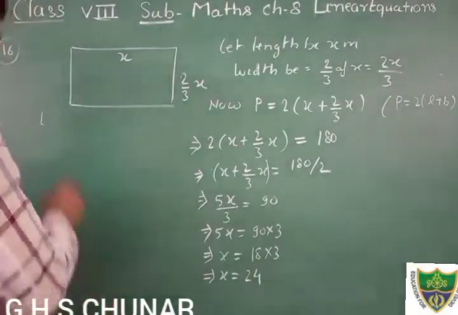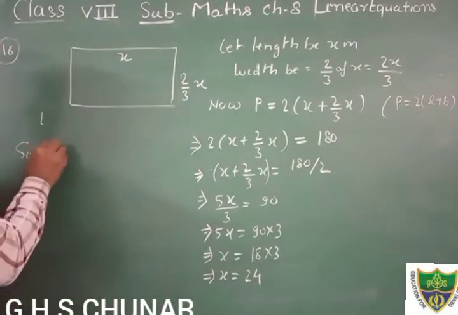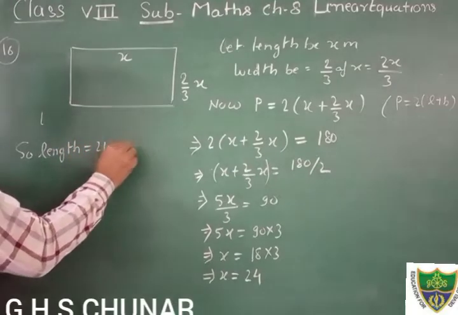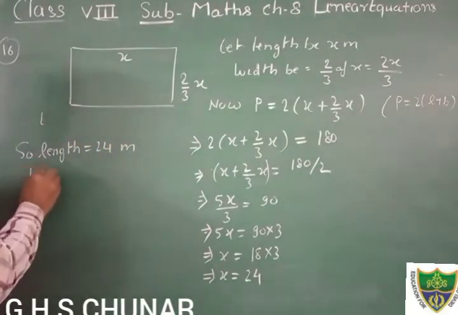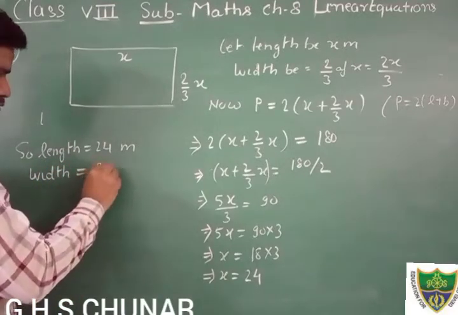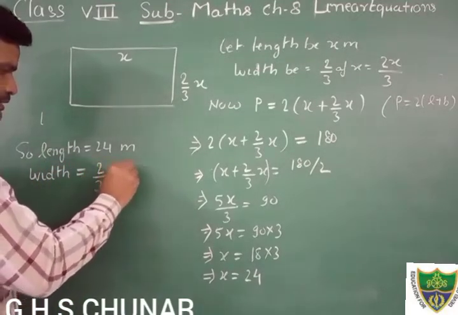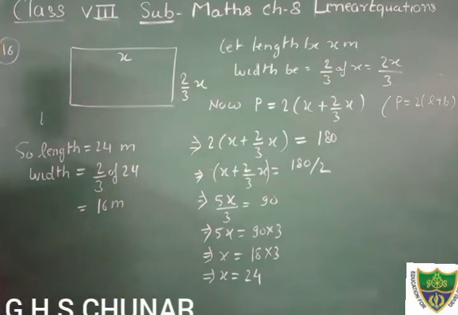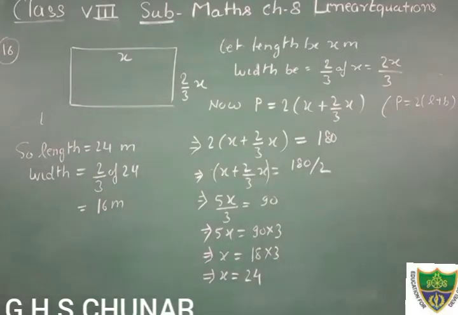So length is equal to 54 meter and width, that is 2/3 of 54, is 36 meter. Now if you find the perimeter, it will be 2 into 90, that is 180. So your answer is right. Okay, you note it.